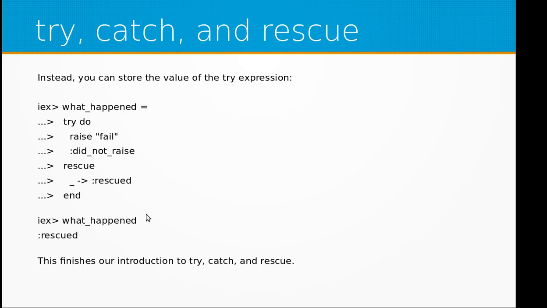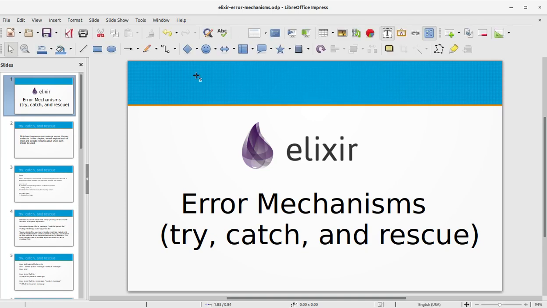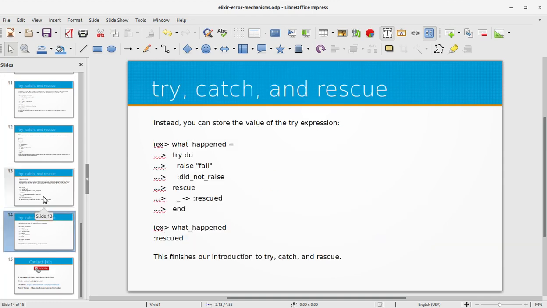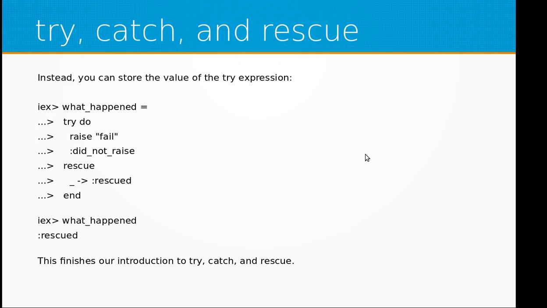Instead, you can store the value of the try expression. So if you save the value of rescued in the what happened variable, then the value of what happened can be fetched using what happened.